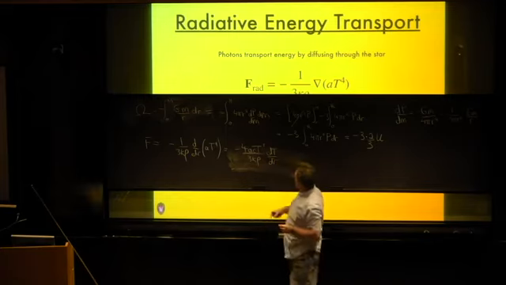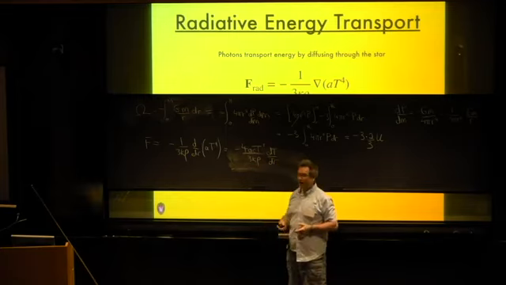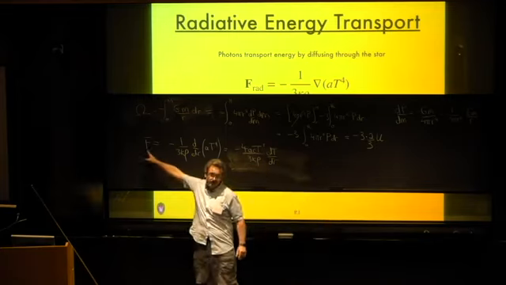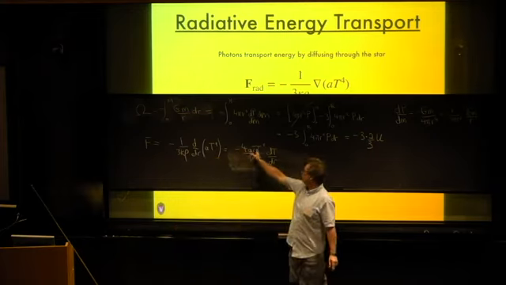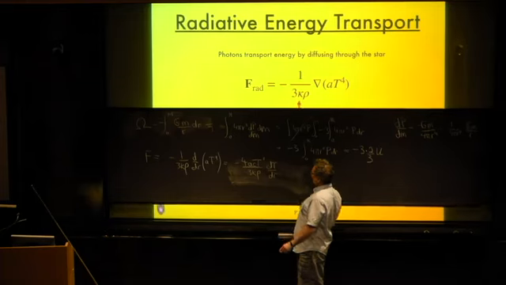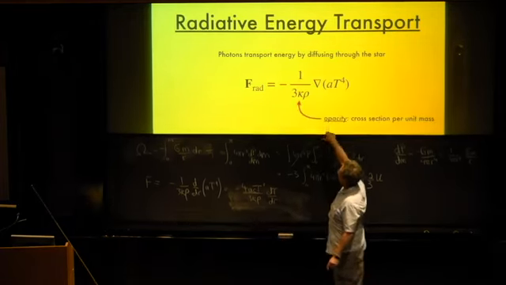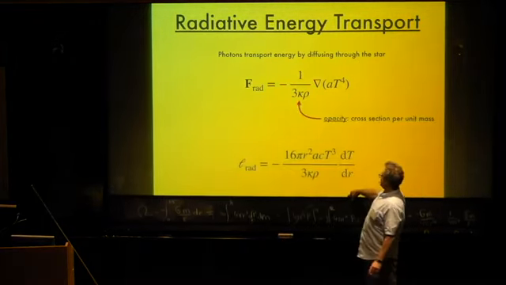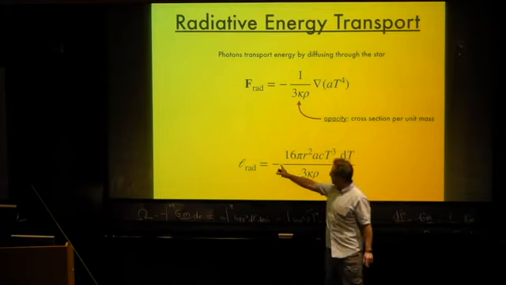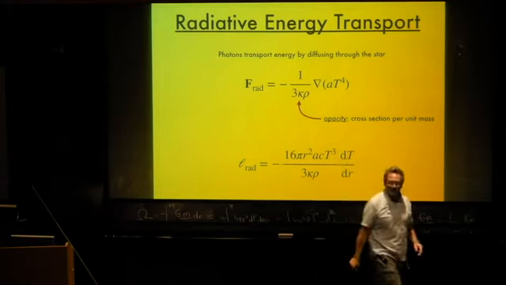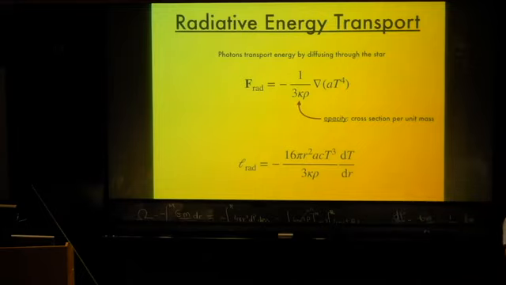And then if I multiply this whole thing by 4 pi r squared, I'm going to convert the flux into the internal luminosity. So we're going to get 16 pi r squared acT cubed over 3 kappa rho times the temperature gradient. Now, hopefully, that's what I've got here. I think it is. Okay? And it's important that you see the minus sign here. So the luminosity or the flux tend to flow down the temperature gradient from hot regions to cold regions.